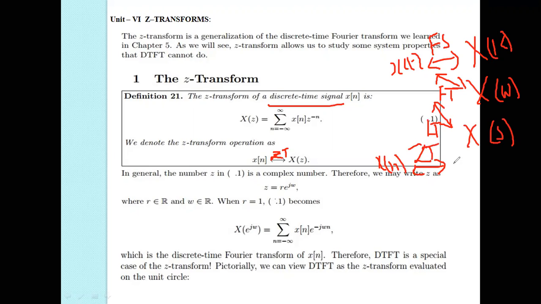Applying the Z transform to x of n, we get X of z. Now, z is a complex number. In general, z is a complex number. Therefore, we may write z in rectangular form as x plus iy.